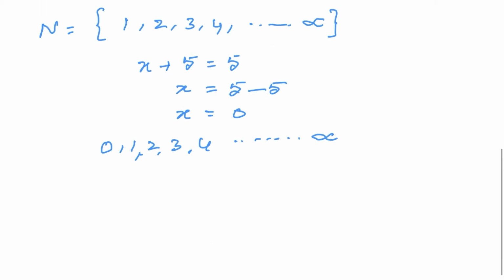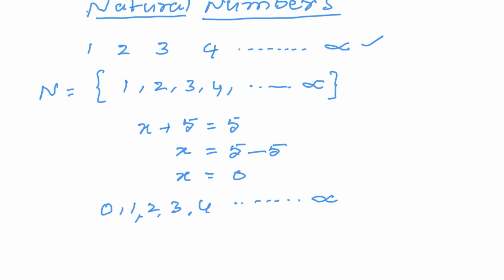See, the set of natural numbers starts with 1 and ends in infinity. But the whole numbers start from 0 and go to infinity. That means all the natural numbers are present in the whole numbers.